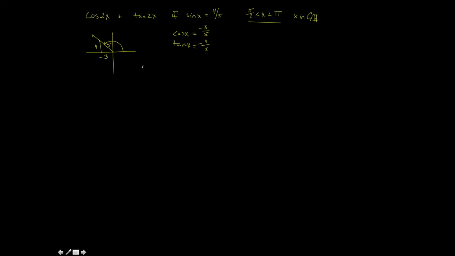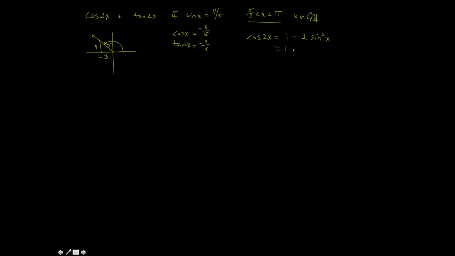Now, we were given sine. So we're looking for cosine of 2x. Well, you can't just plug anything in for x, okay? So don't think that. But we have an identity. Cosine 2x is 1 minus 2 sine squared x.